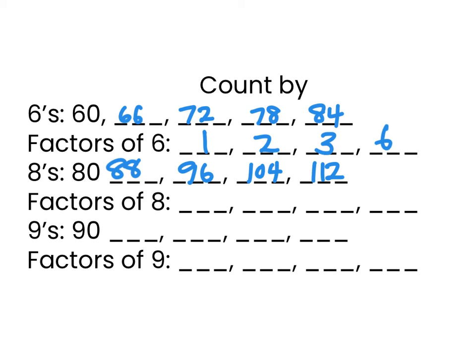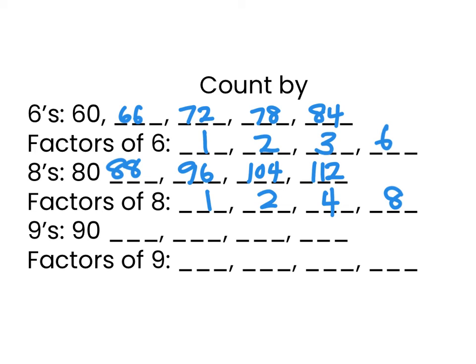So those are all multiples of 8, which means that 8 can be multiplied by a number to equal any of those numbers. The factors of 8 are the numbers we can multiply together to equal 8. So we know 1 and 8, and we know 2 times 4. Those are our factors of 8.